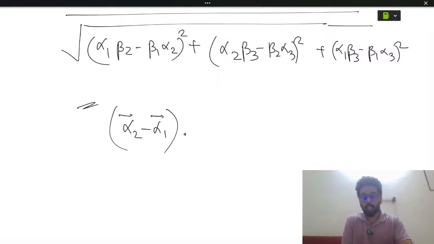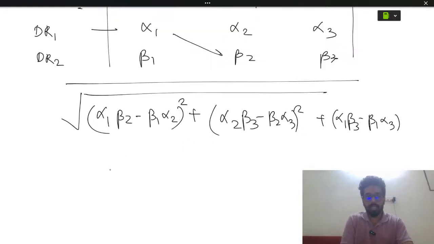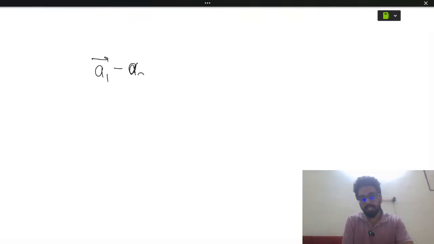In the vector form, it is (a2 minus a1 vector) dot product with (b1 cross b2 vector), divided by the magnitude of b1 cross b2 vector. What is a1 vector? x1 i cap, y1 j cap, z1 k cap.